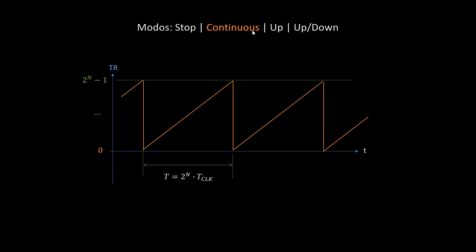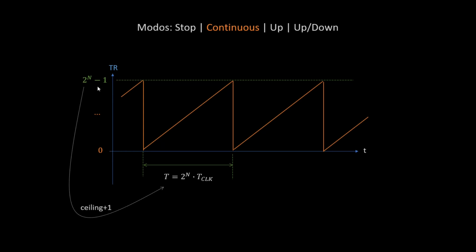A continuous mode of operation, which is interesting to measure time, and a mode of operation called up, which we will see later, where we can adjust the time that we want to count. In the continuous mode of operation, the timer will count from 0 up to its upper limit, which is 2 to the power of n minus 1.